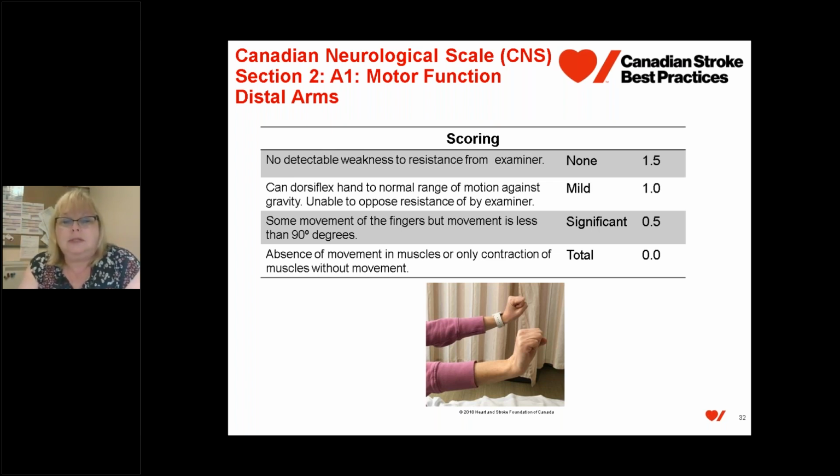I find it's helpful to ask the patient to do the movement that we are wanting to assess, because then you can very quickly see, is it a significant versus a mild, because if they're not able to do full range, you know you're automatically significant on that side. Again, if there is a weakness, you would indicate R or L on the side of weakness.